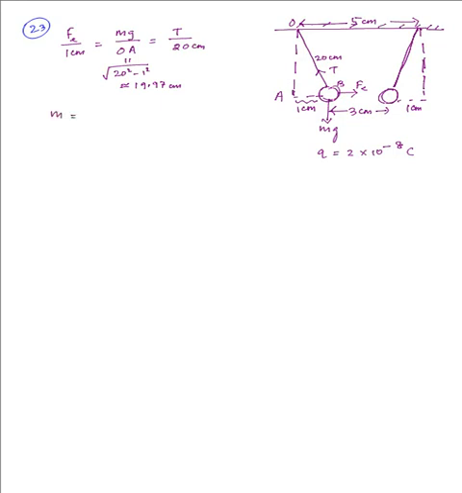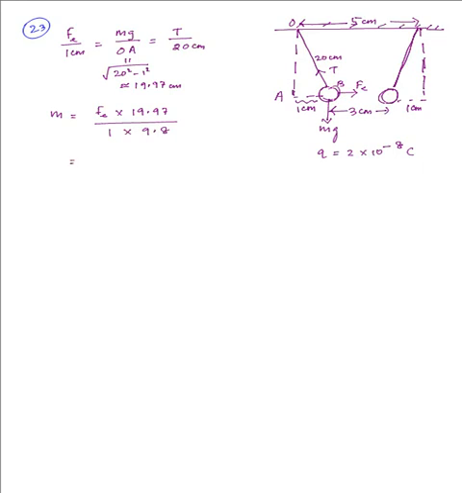mass that was to be determined, which is equal to the electrostatic force multiplied by the distance OA, which is what we have obtained, 19.97. We can take it as 20, there's no problem with that, divided by 1. Remember, the centimeter units are going to cancel out, so there's no point multiplying by 10 raised to the power minus 2, and that's all, I guess. Then there's 9.8 for the acceleration due to gravity.